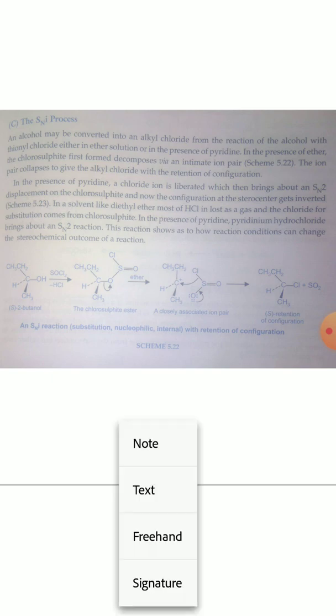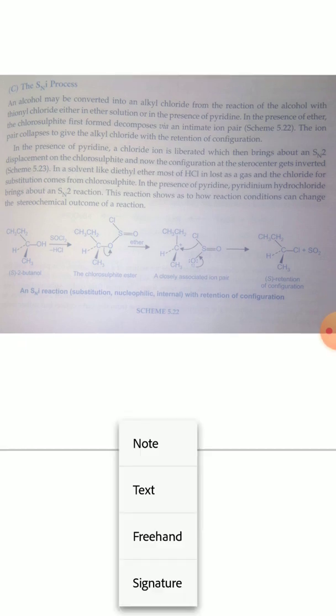The intimate ion pair is a short-lived intermediate in which the carbocation carbon and chloride ion are close before the carbocation changes its configuration. It combines with the chloride ion to form alkyl chloride having the same configuration as the alcohol. As the reaction is intramolecular, it is called substitution nucleophilic internal, that is SNi reaction.